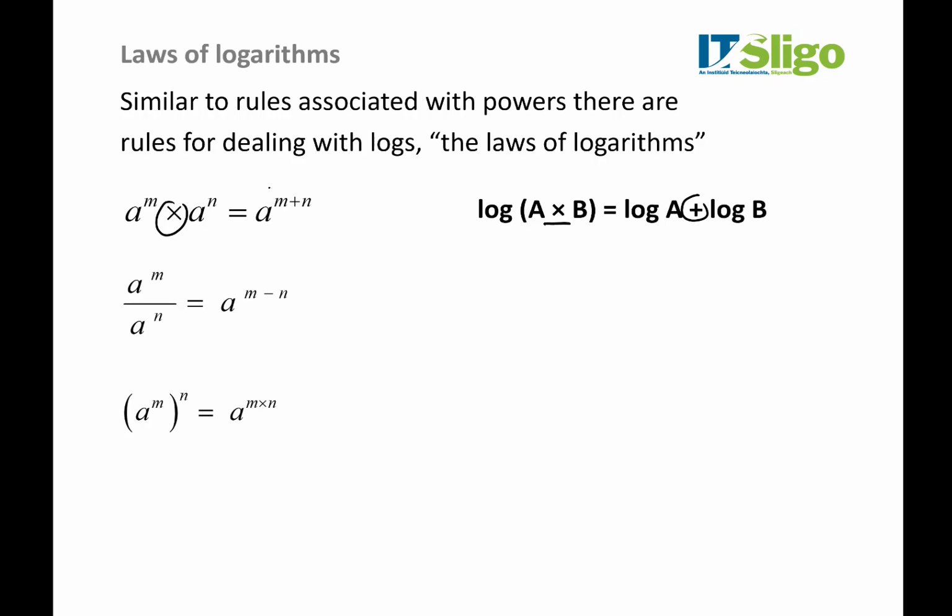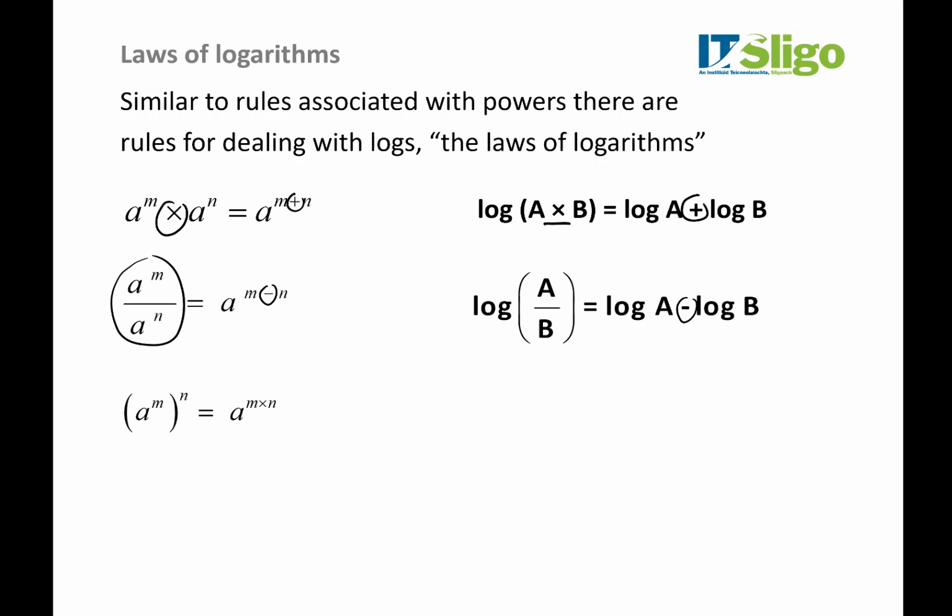In the powers we were multiplying and we added the powers. Here we're dividing two log terms and we subtract the terms. Very similar to the power statement. And here we have a value raised to a power and we end up multiplying by that value.